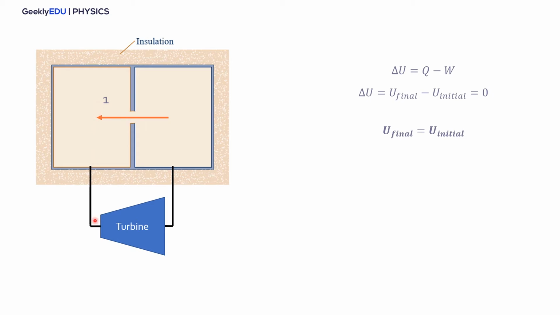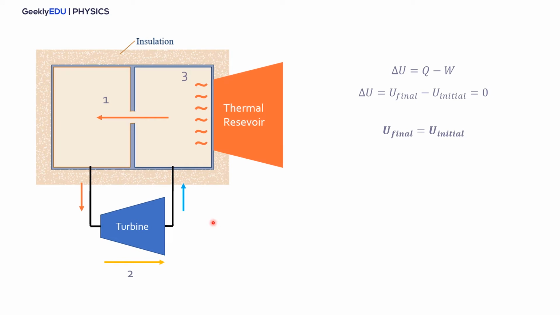Then the second process would be this expansion, producing energy. And the third process actually is heating the gas on this half here in order for it to move to this other half, okay? Well, here we have some problems, right?